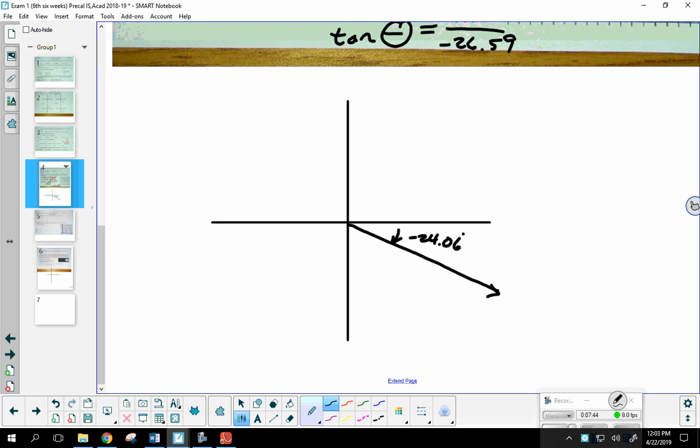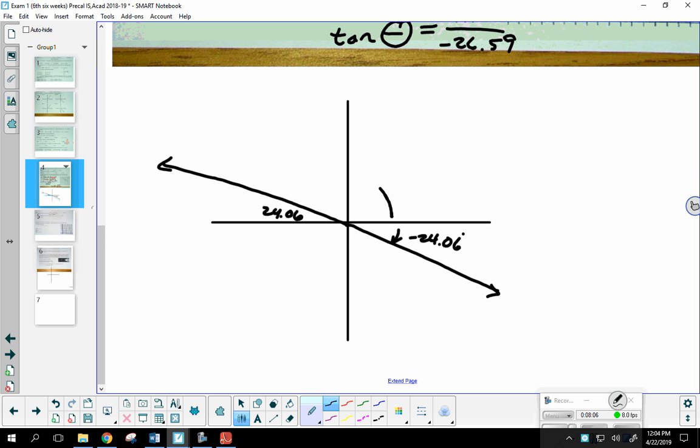Remember, the reason we got this was because tangent inverse is only restricted to quadrants 1 and 4. So if I need to go into quadrant 2, I'm going to extend this through so that this is 24.06 degrees. Remember, the negative just tells you the direction that you're going to rotate. So those are vertical angles.